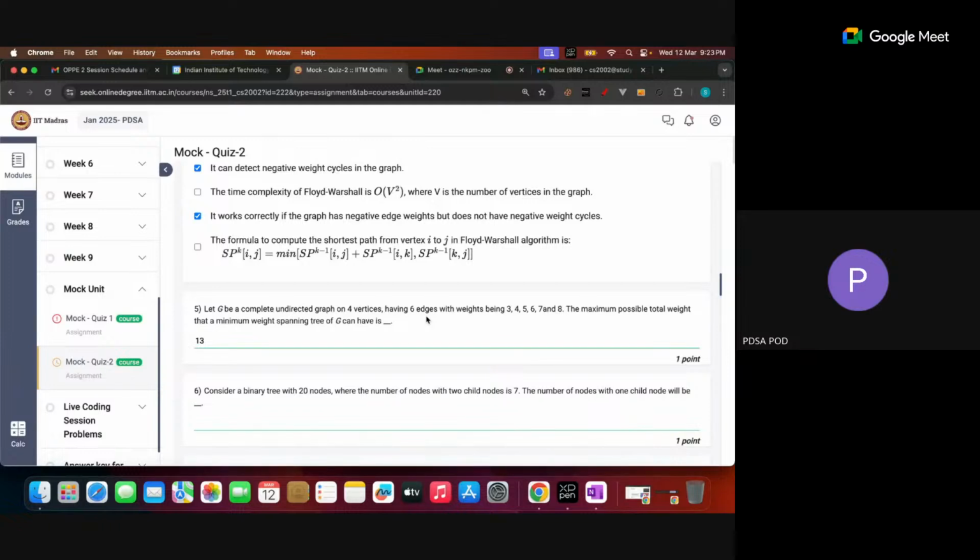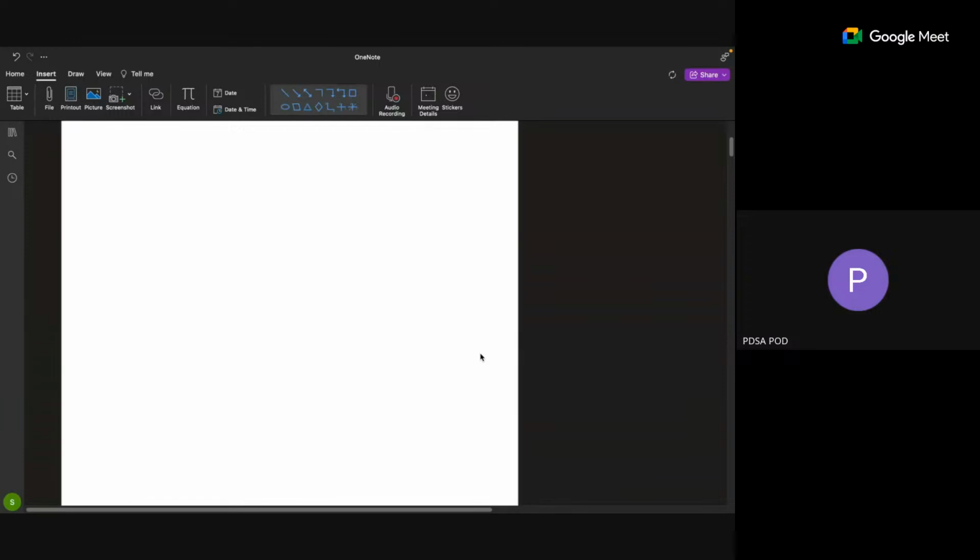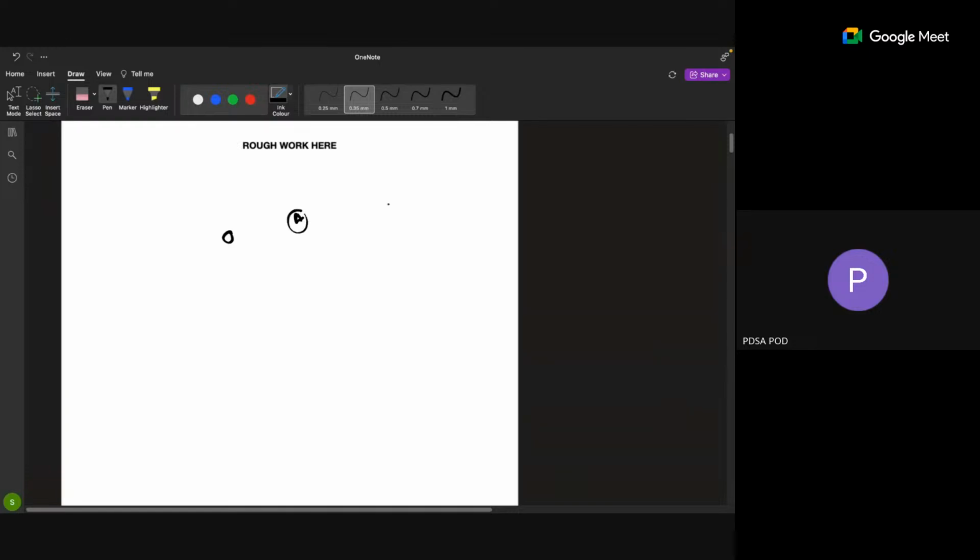So we are sure we can draw any particular graph, maybe 0, or it might be A, B, C, D. With 6 edges, is there any possibility other than this? Yes, sir, this is fine.